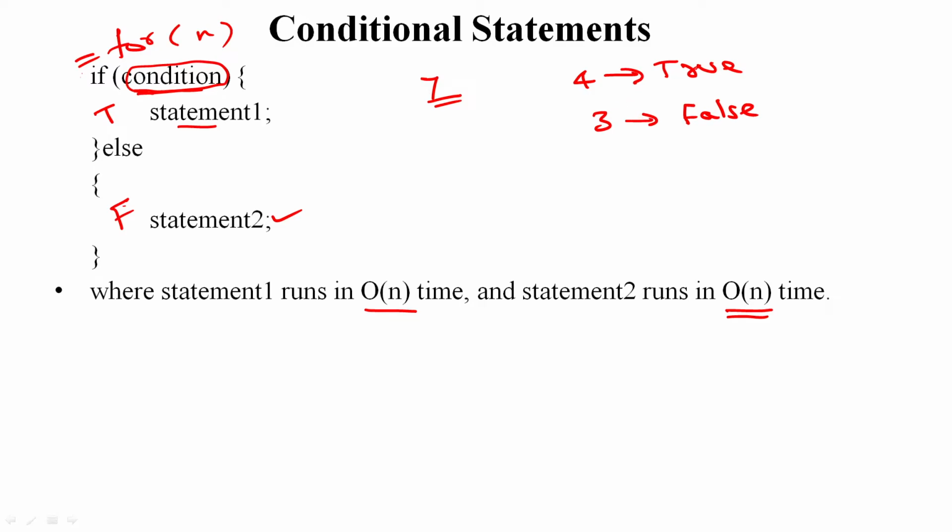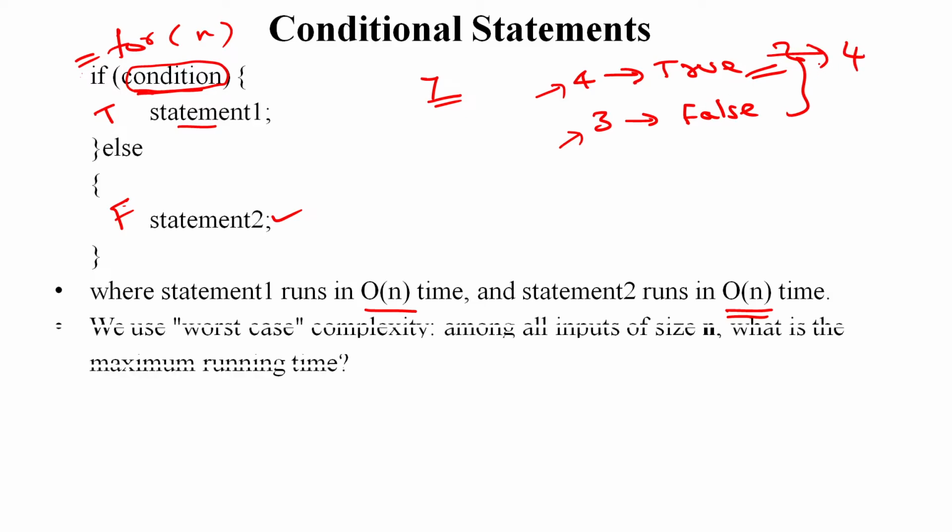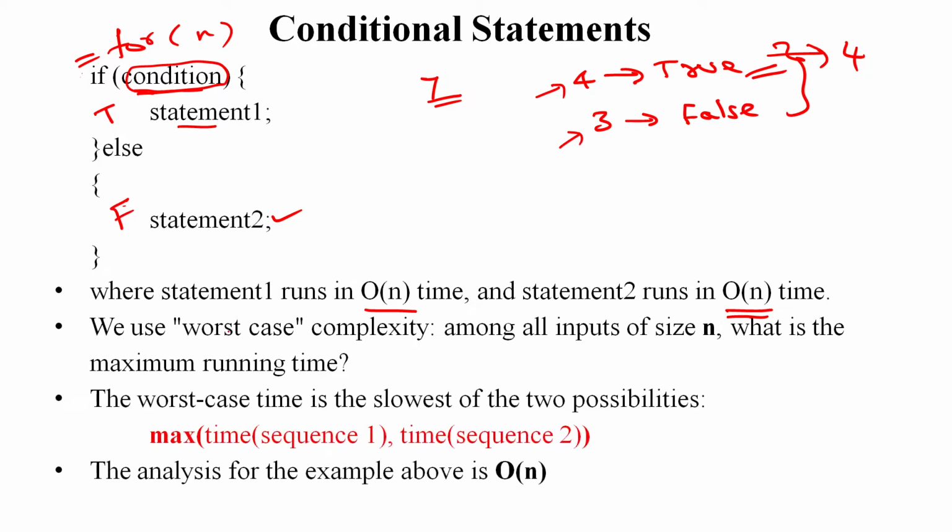So here the true block will take more time and the false block consumes less time. So here we have to take the upper bound. So the upper bound is 4. Like this we have to take the upper bound, the worst case complexity.